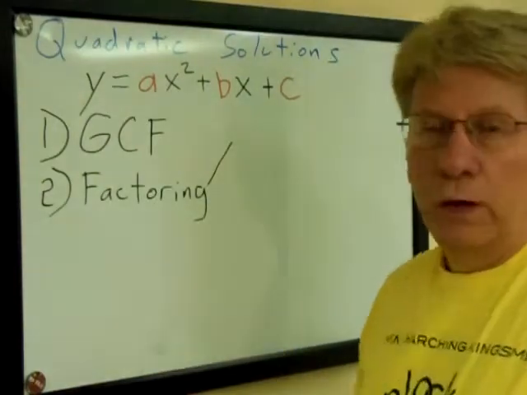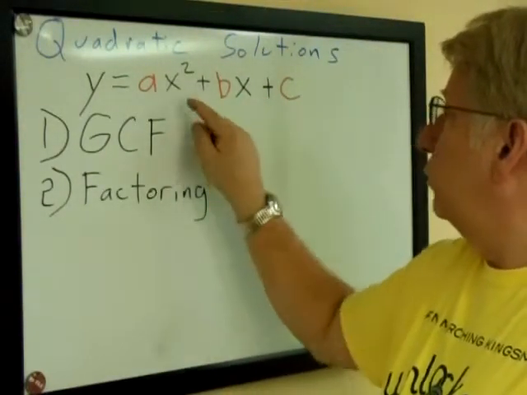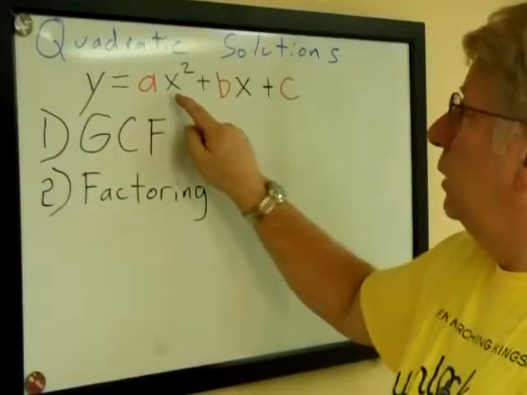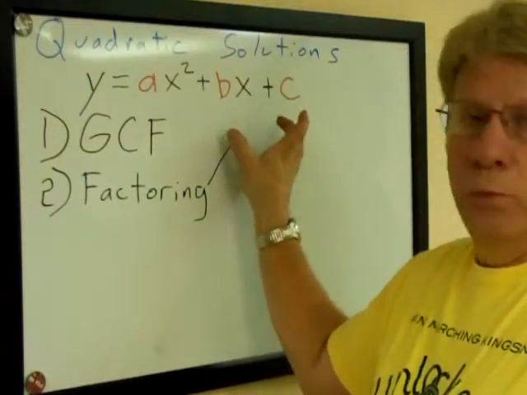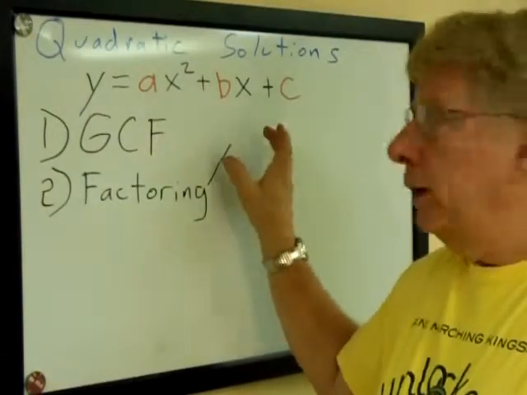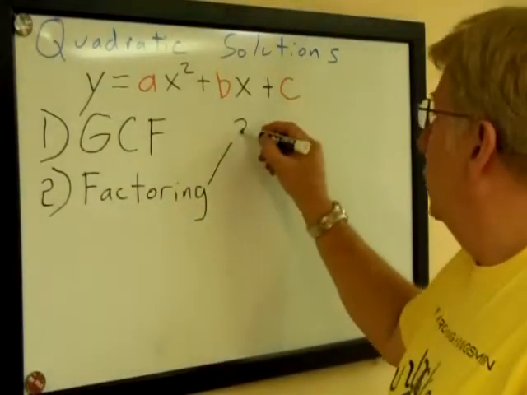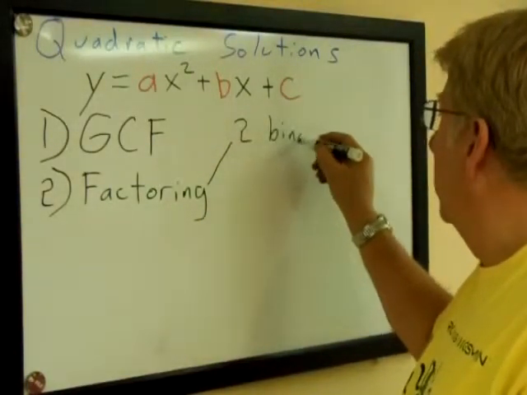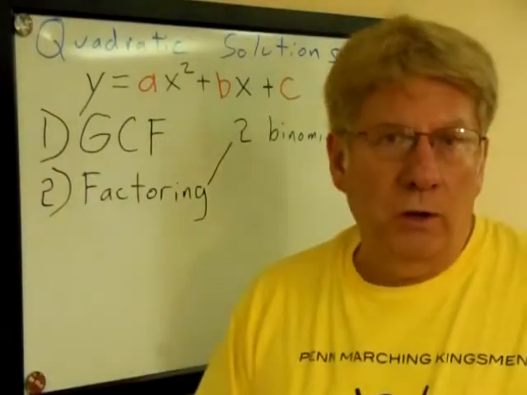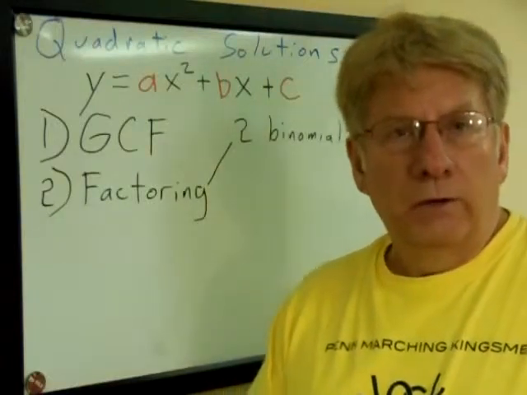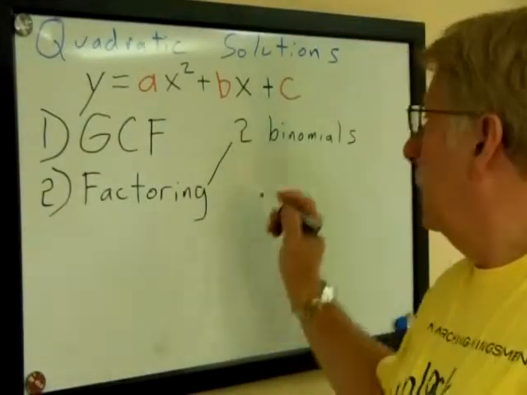One thing we can do with factoring is we can see if there are, this is called a trinomial expression because there's 3 terms, 2 binomial expressions that when multiplied together give us this trinomial. So I'll just write down 2 binomials. And in other videos we talk about methods to factor to end up with the 2 binomials.